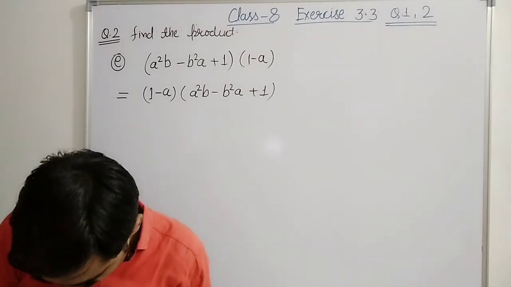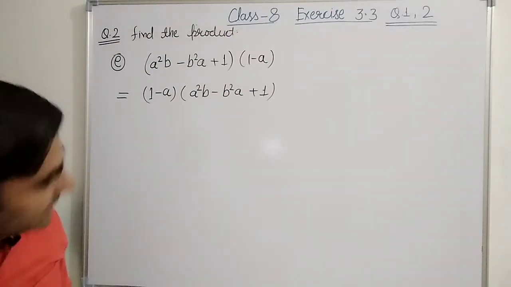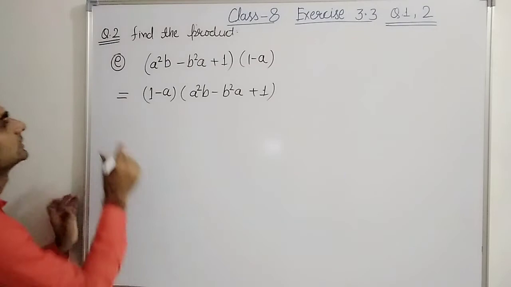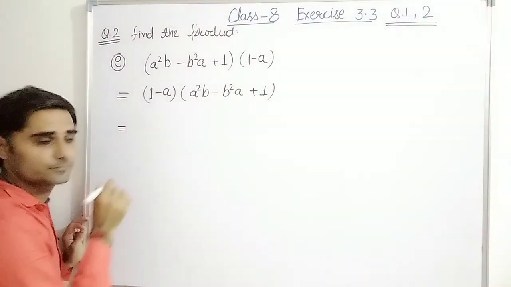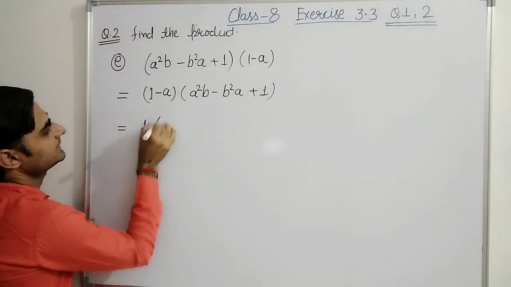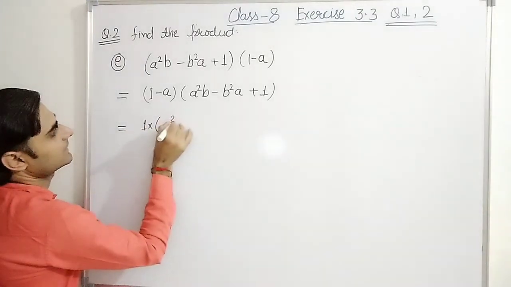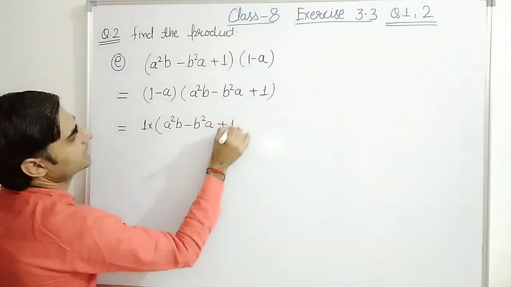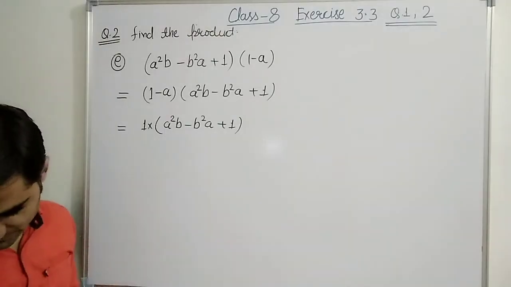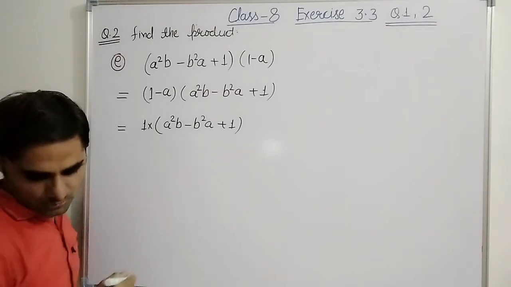Okay, let me check one question first. 1 minus a multiplied by, yes. So let's do it now. This 1 will be multiplied to the whole, right? 1 multiplied by this a square b minus b square a and plus 1. This 1 will be multiplied to the whole.